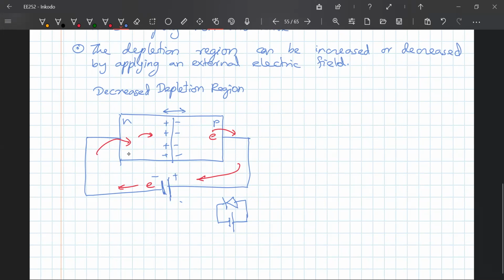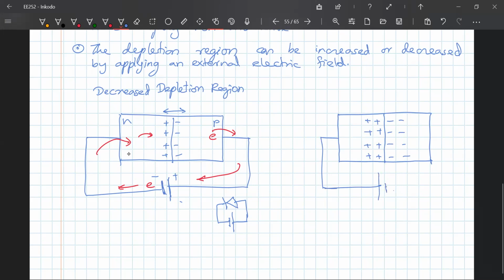because of this small but finite depletion region. On the other hand, if you connect the semiconductors to the battery in a different way, you initially had this depletion layer, this white, and now you connect the battery in the opposite direction.